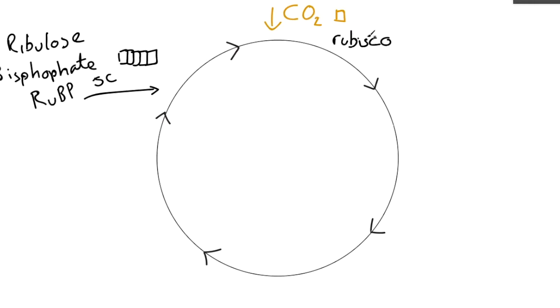What that gives you is a 6 carbon molecule which quickly gets broken down into 2 3-carbon molecules. So we've got 6 carbons, 1, 2, 3, 4, 5, 6. They join together, make a 6 carbon molecule, and then it's broken down into 2 3-carbon molecules, like so.